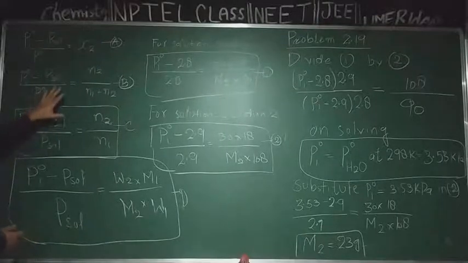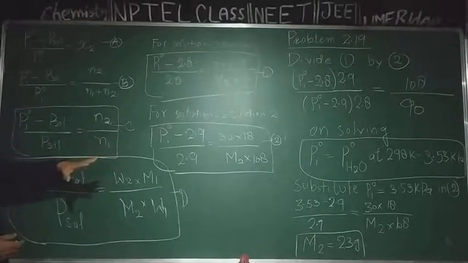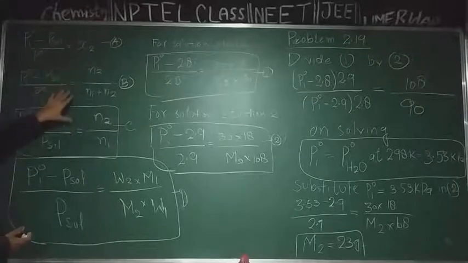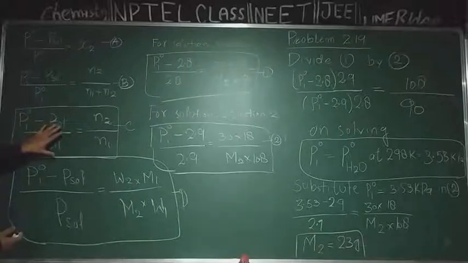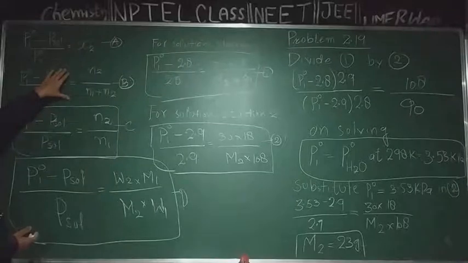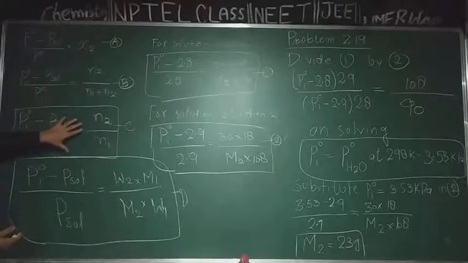But I said that I want to minimize my calculations and save time, and for that, instead of equation B, I will use equation C, wherein the parameters are the same as in equation B. So the answer will be the same whether I use equation B or equation C, but using equation C allows fewer calculations so as to save time.